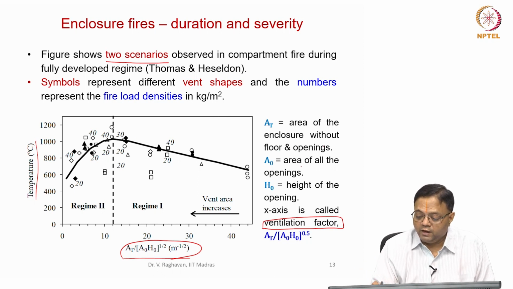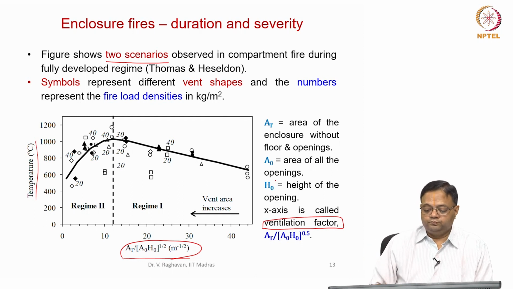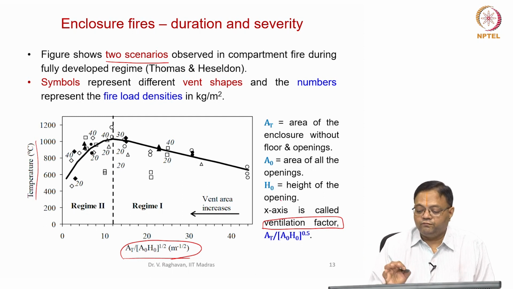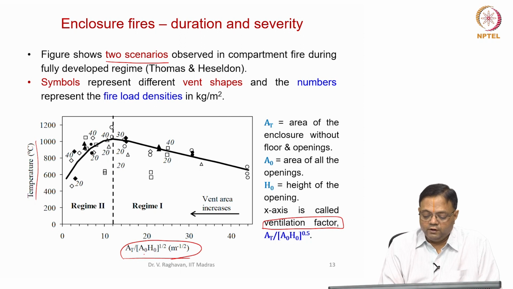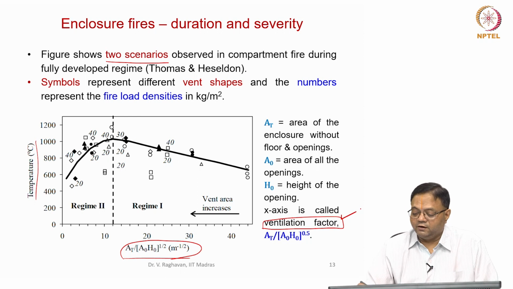Now A0 is the area of all the openings alone. H0 is the height of the opening, each opening, for example. Now I create a factor like AT divided by root of A0 H0. That is called ventilation factor.